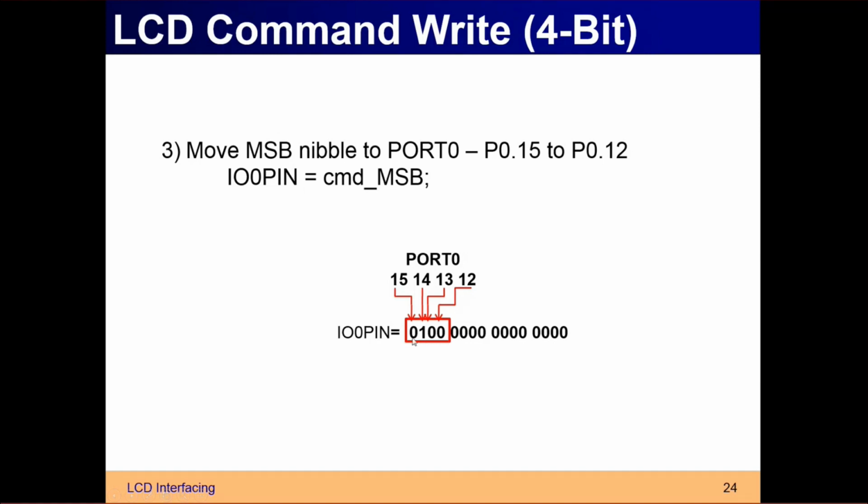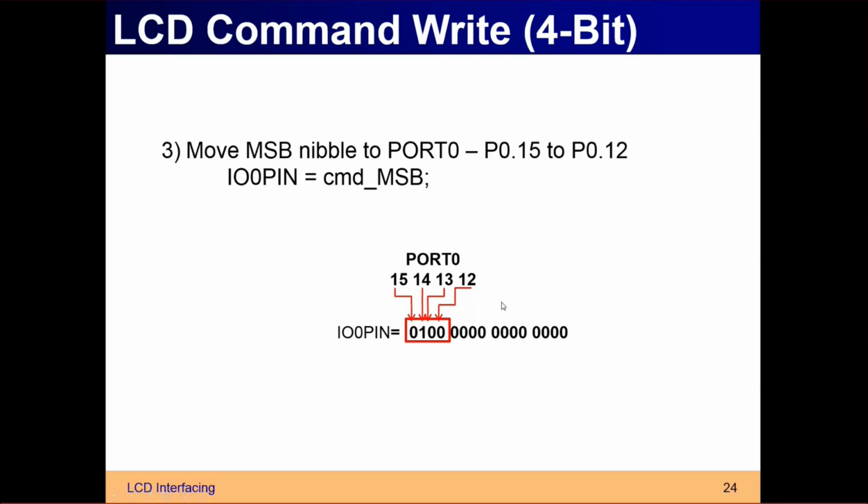When you are left shifting by 8, your data will be correctly placed in bit numbers 12, 13, 14, 15, because previously it was here and each shift moves it one position, so 2, 3, 4, 5, 6, 7, 8. Then you can write this data directly to the IO0 pin register, and these bits will go to 12, 13, 14, 15. That means 15 is connected to D7, then D6, D5, D4.